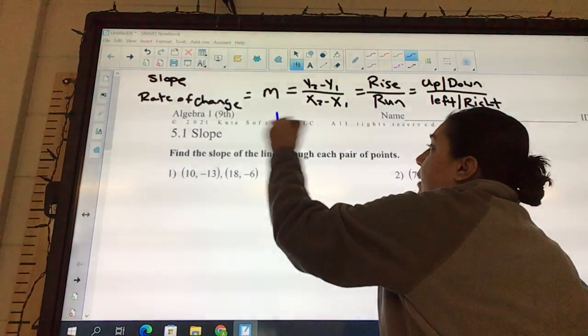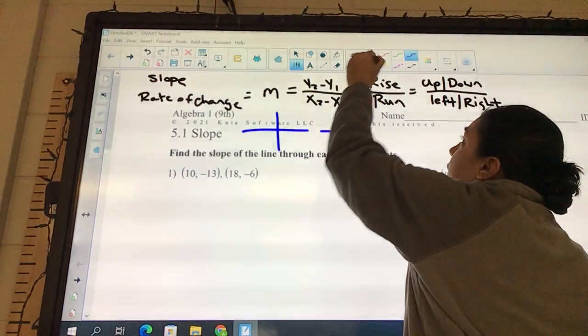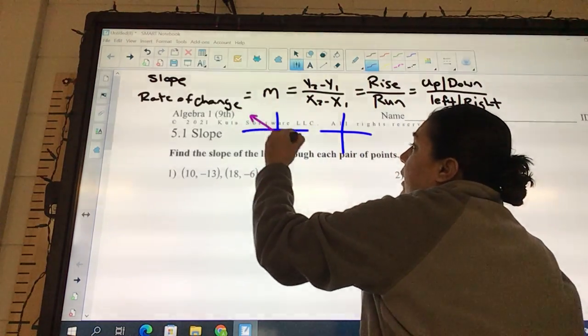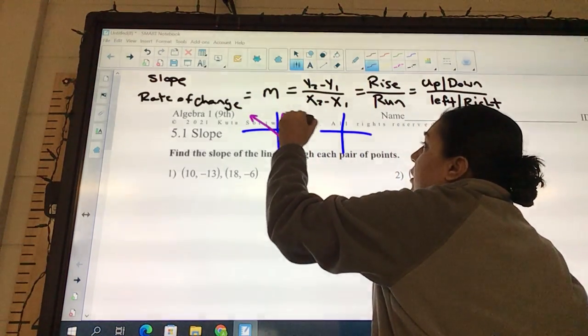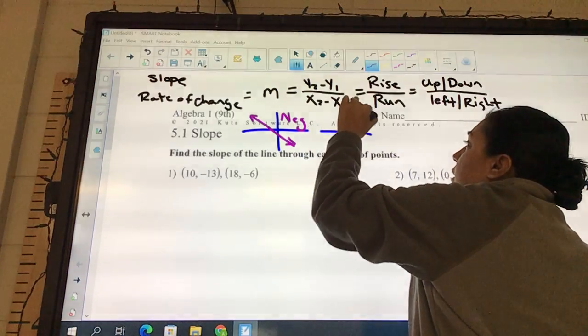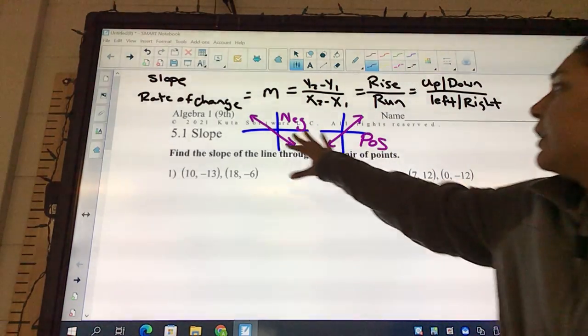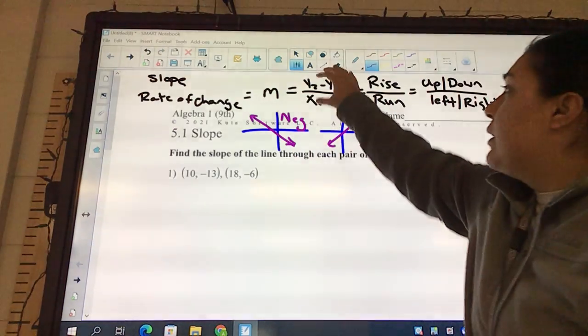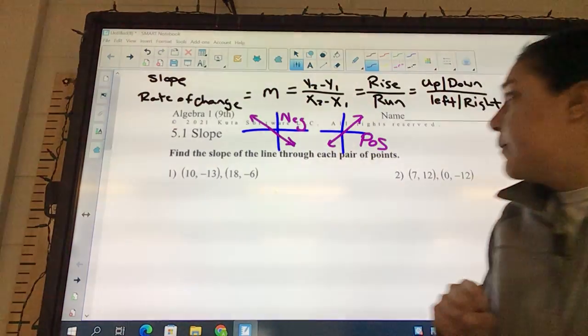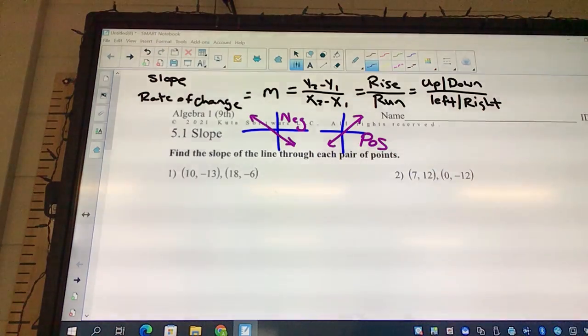So if you're given a graph that looks like this, if the line is going this way, it is gonna be a negative slope, okay? If the line is going this way, it's gonna be a positive slope. Okay, and so when we're looking at graphs, that's when we do a rise over run. This is for when we're working with points. Okay, so we got our slope, our rate of change.